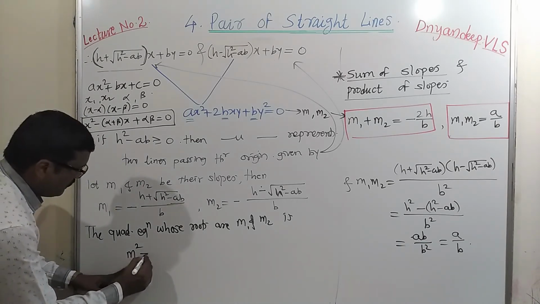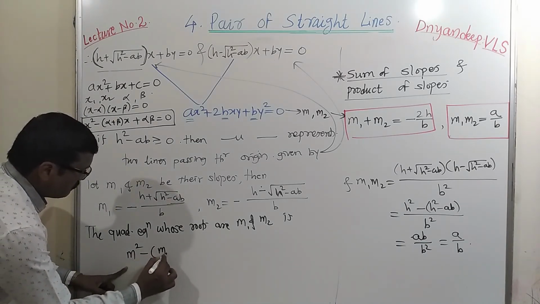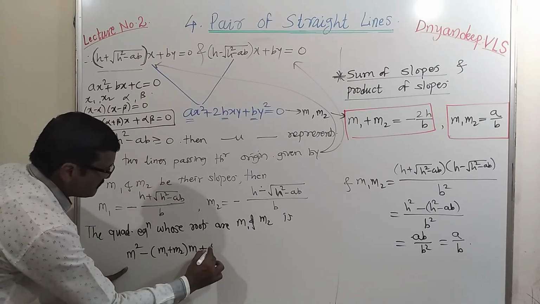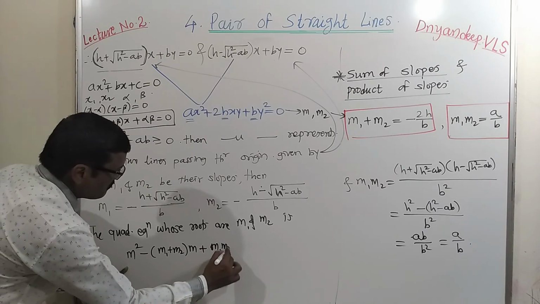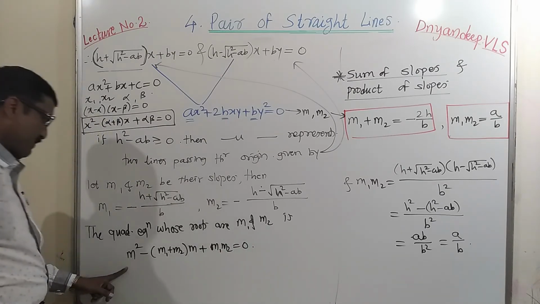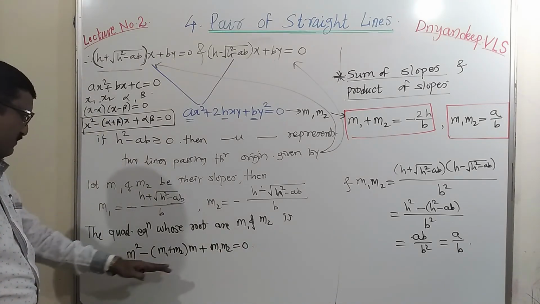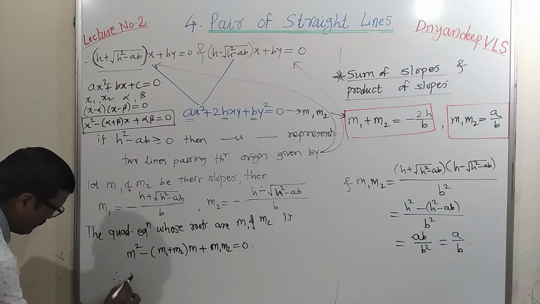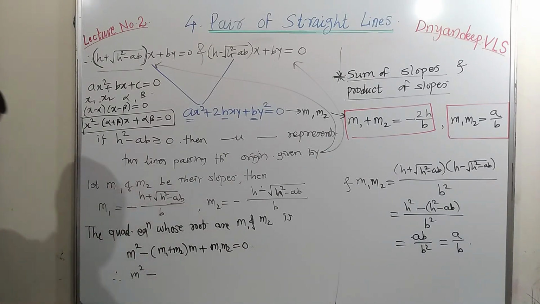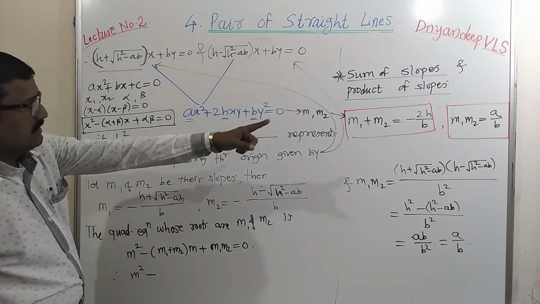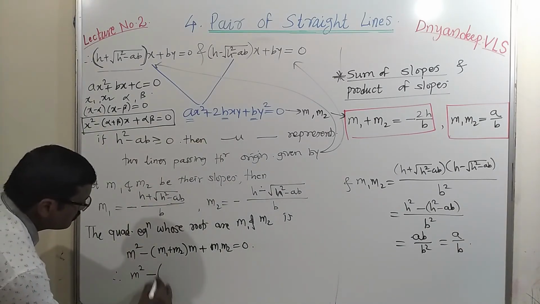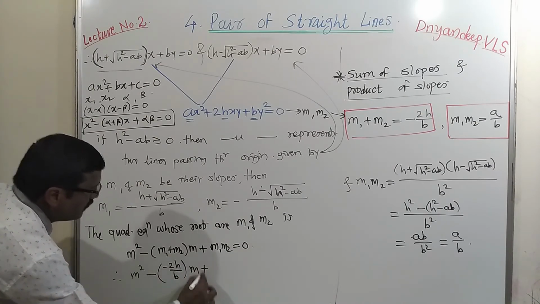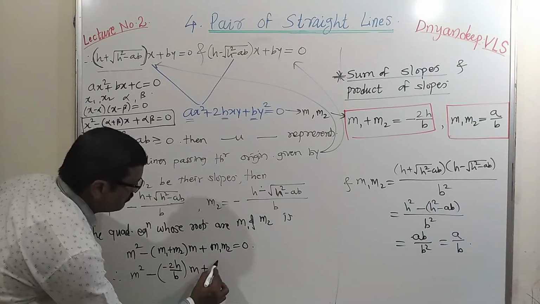So m square minus (m1 plus m2) m plus m1 m2 equal to 0. Now use the values of m1 plus m2 here. Therefore m square minus (minus 2h upon b) m, and m1 m2 is a upon b.